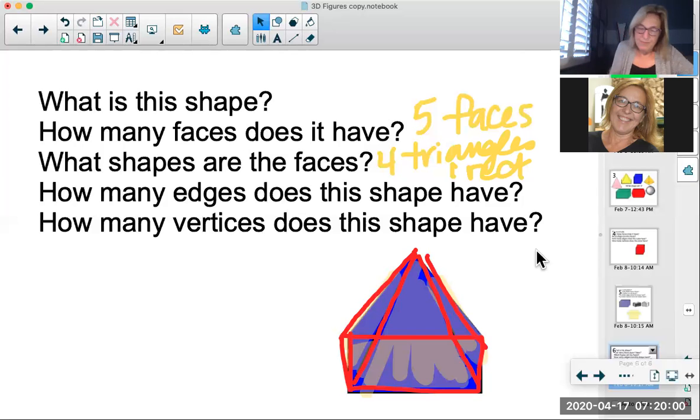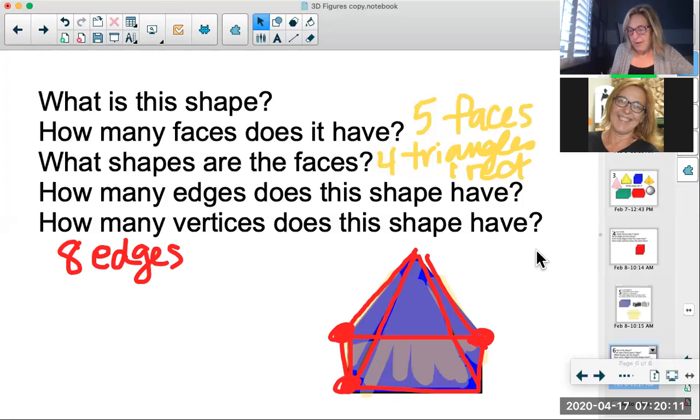Did we get them all? So 8 edges. And then vertices, we have 1, 2, 3, 4 along the base, and this one that they all meet at the top. So we have 5 vertices.